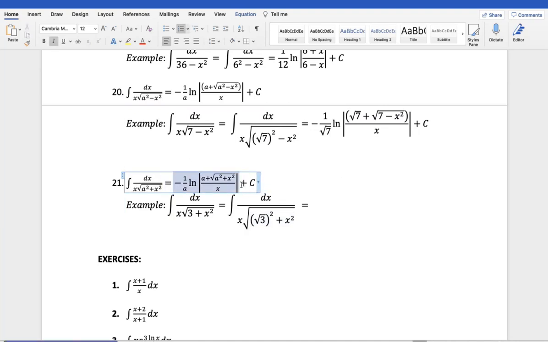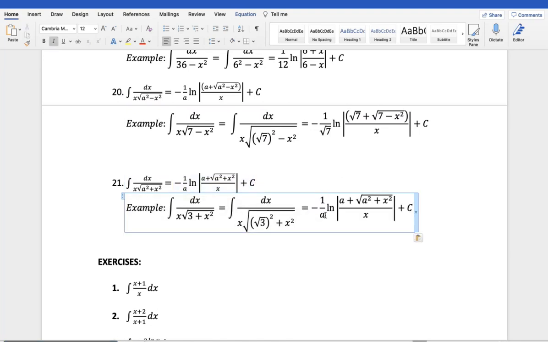Knowing that, if we apply this to our formula, we find that it's equal to negative 1 over the square root of 3 multiplied by ln of the square root of 3 plus the square root of 3 plus x squared, all divided by x under the absolute value sign, plus the constant of integration c.